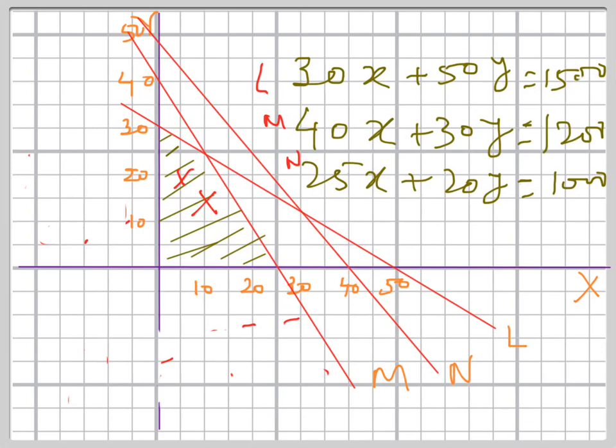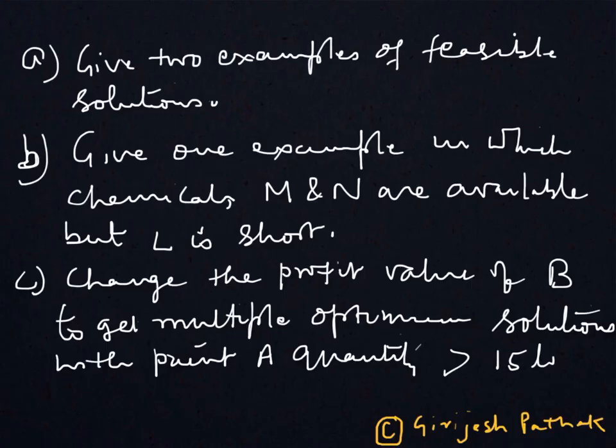Now here we are trying to change the profit value of B to get multiple optimum solutions with paint A quantity greater than 15. So we will be using this condition to find out to which line the objective function should be parallel.